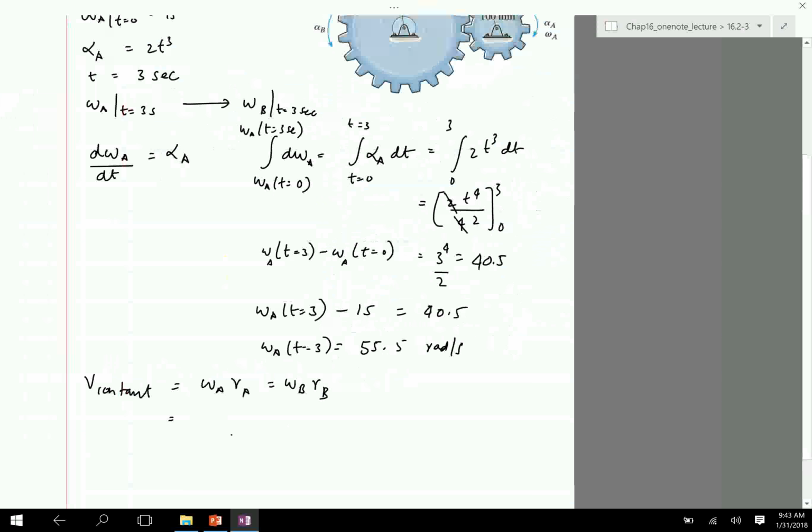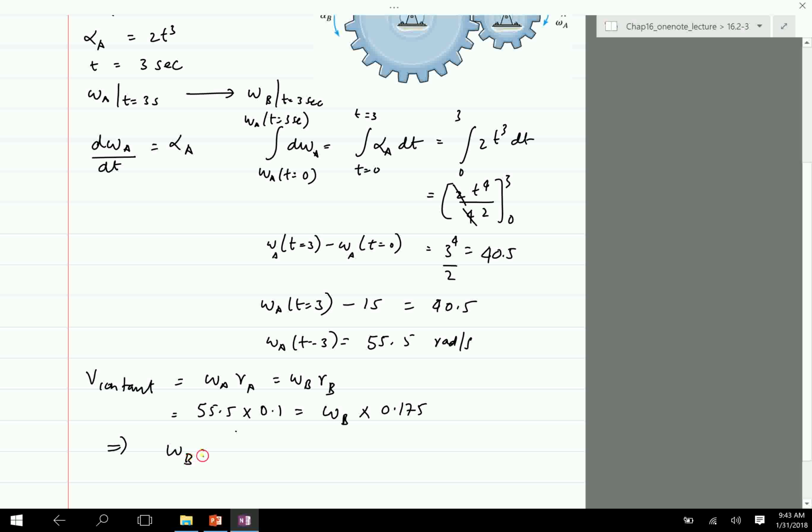The radius of A is 100 mm, so I'm going to write it in metric, 0.1 meters. Omega B is unknown, and R_B is 175 mm, so it's 0.175 meters. So this gives me omega B equals 31.71 radians per second.